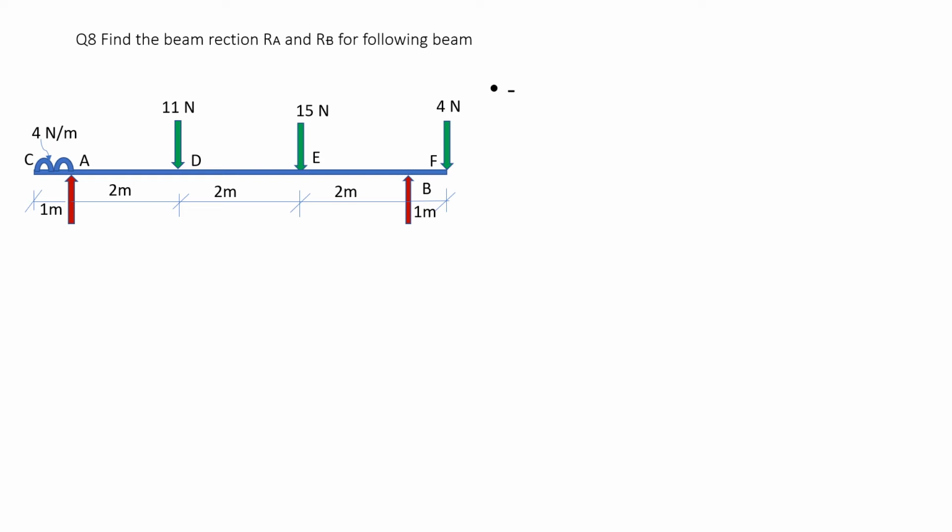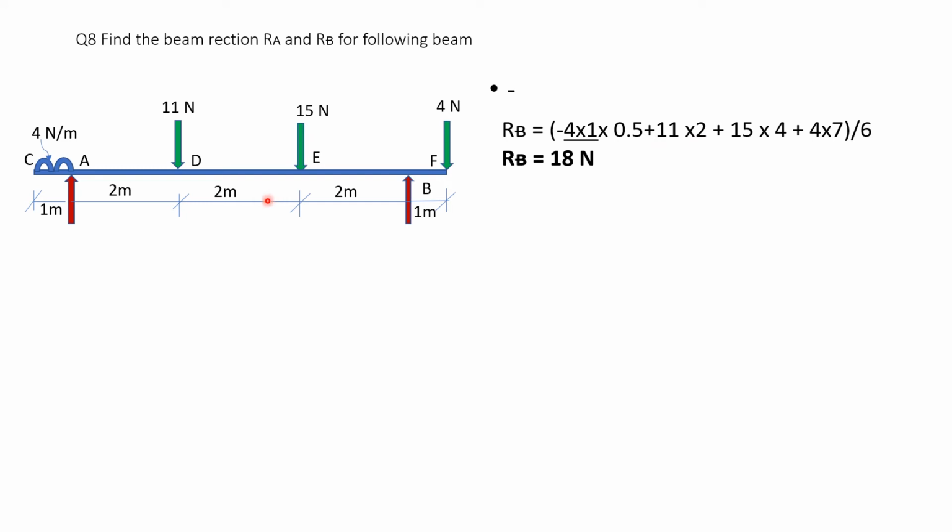Now how we calculate RB is equal to, again remember that we are taking moment about point A, and all the distances will be taken from point A. RB is equal to, now here this is the UDL which is on the left hand side, so equivalent point load will be minus 4 into 1, and it will act here at the center of 1, that is 0.5, and the distance from A will be 0.5. So minus 4 into 1 into 0.5 for the UDL. For 11 Newton force, it will be 11 into 2, right hand side going down, positive, so plus 11 into 2.